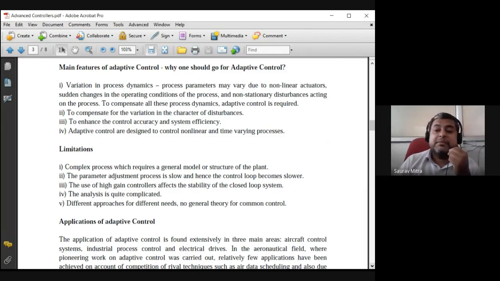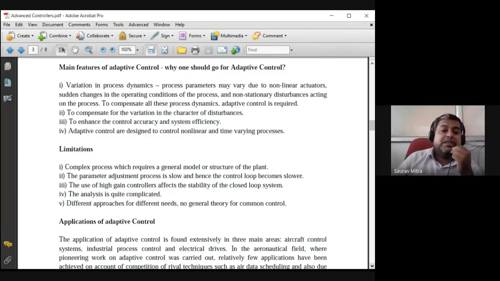Any disturbance can come at any time. Suddenly there might be too much traffic, suddenly there is rain, suddenly the road is damaged. In those cases also the vehicle should perform very well. So for non-stationary disturbances acting on the process, to compensate all this process dynamics, adaptive control is required.